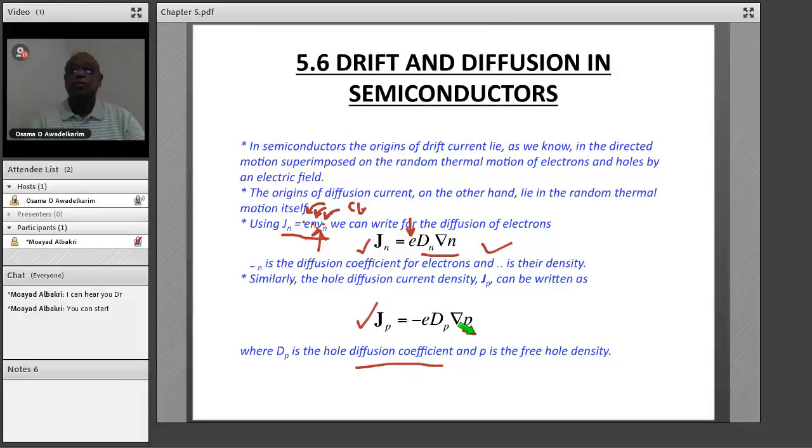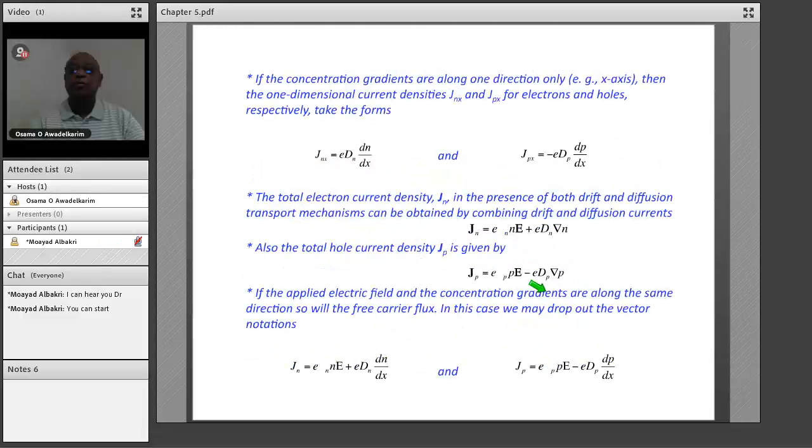They move either because of drift when you apply an electric field, or you don't have to apply an electric field. You can have motion of electrons and holes in a semiconductor and production of a current density if you have differences in concentration. And that kind of flow or transport, you call it diffusion. Okay, so now here we have the expressions for the electron and hole diffusion currents.